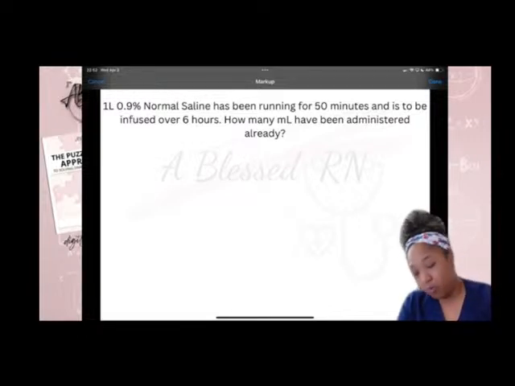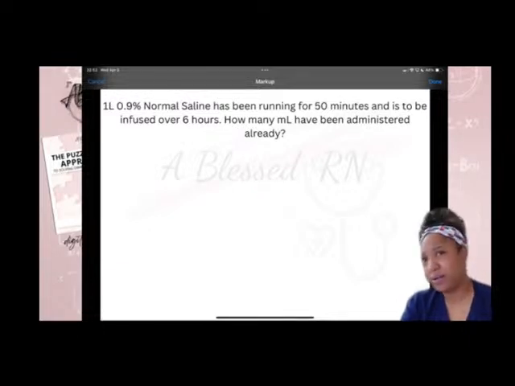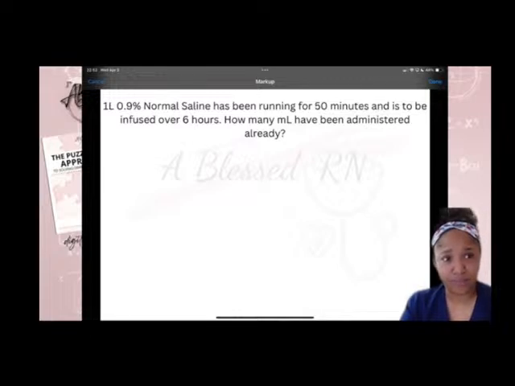So 1 liter, how many milliliters is that? Because remember, our pumps are milliliter per hour, right? I'm not gonna show you the whole conversion because we know that 1 liter equals 1,000 milliliters. Okay.